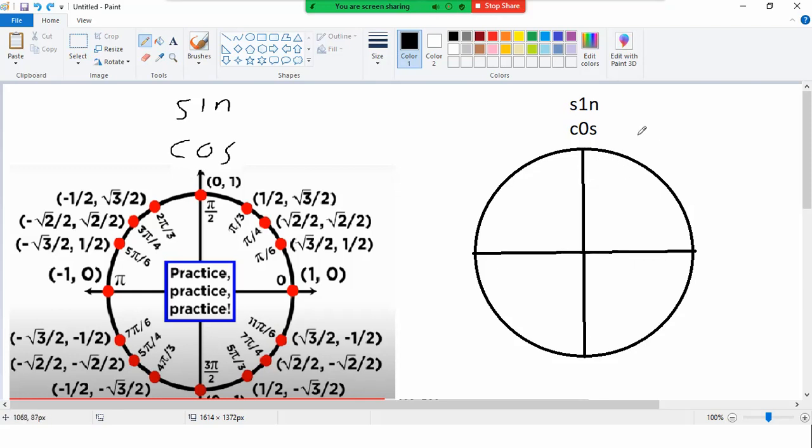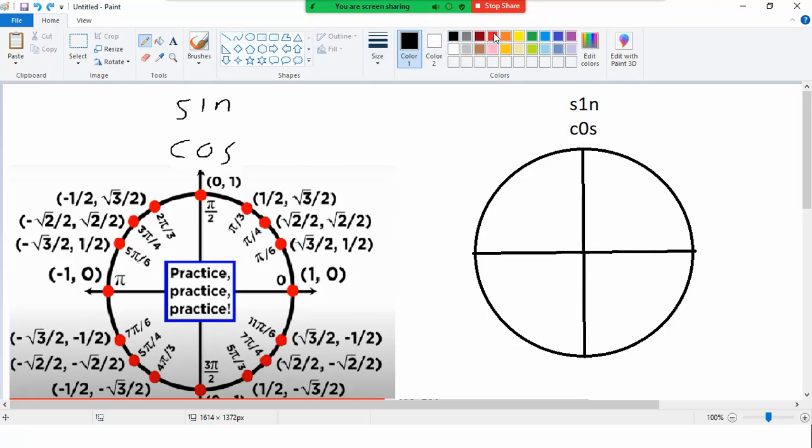Okay, so now that's stage one. X is cosine, y is sine. So what does that mean? Well, here cosine is x. Well, what is x at this point? It's 0. And at this point, the unit circle is only a unit 1 away, right?